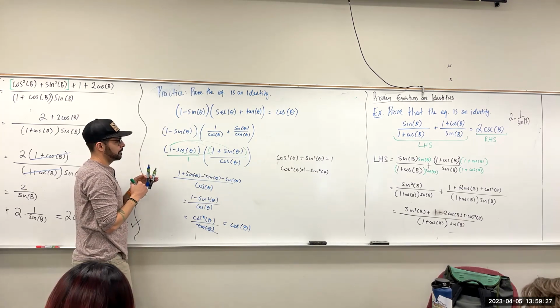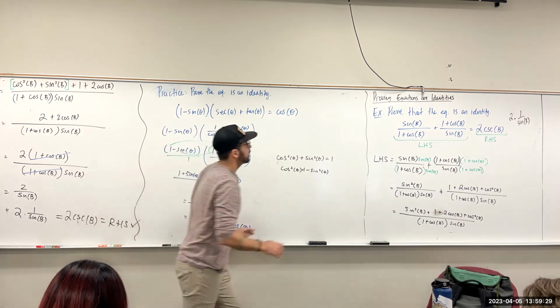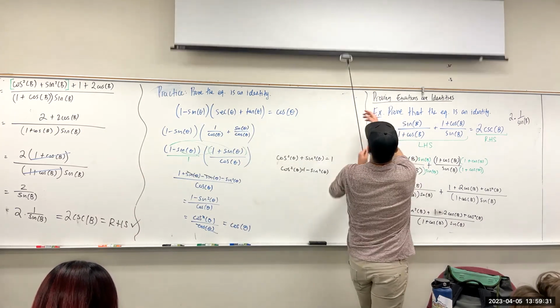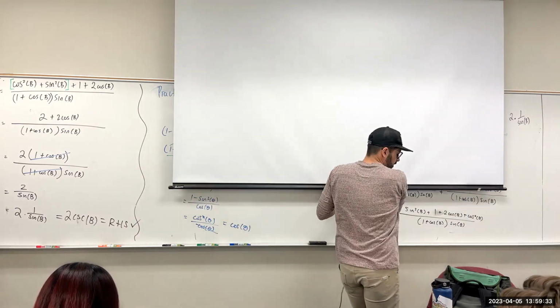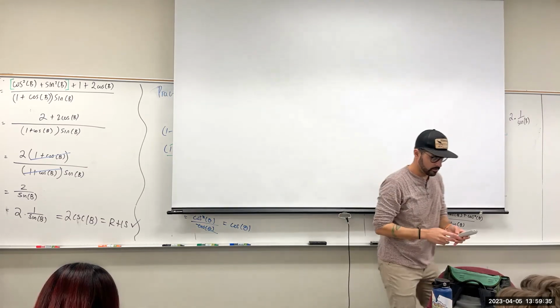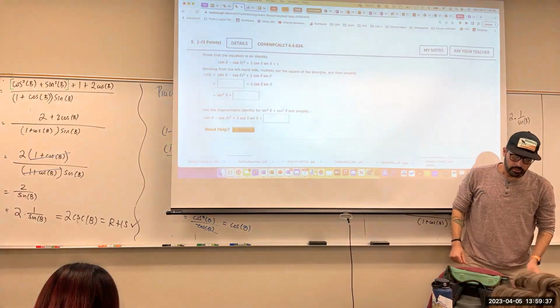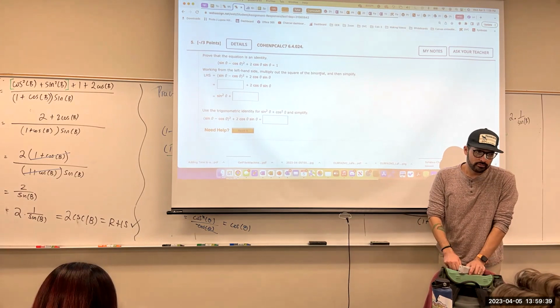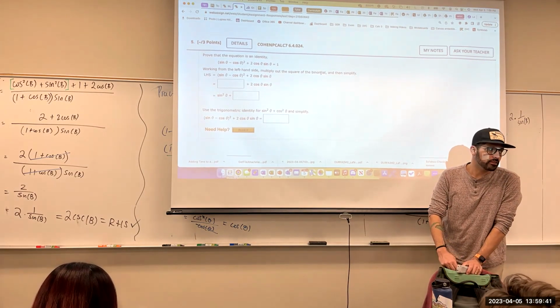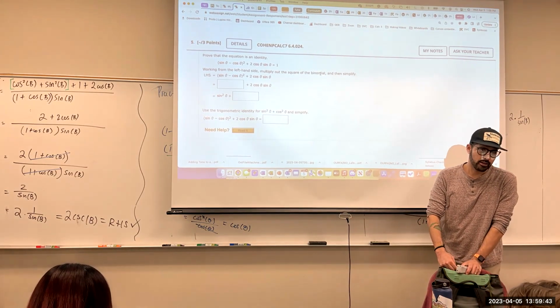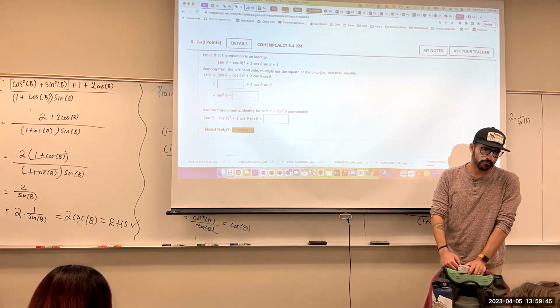Okay? All right, before you go on your break, let me just show you something real quick. On WebAssign, let me show you how these problems are gonna look. They kind of help you. They're kind of guiding you. You just have to fill in the missing pieces. Okay? On the exam, it won't be like that.